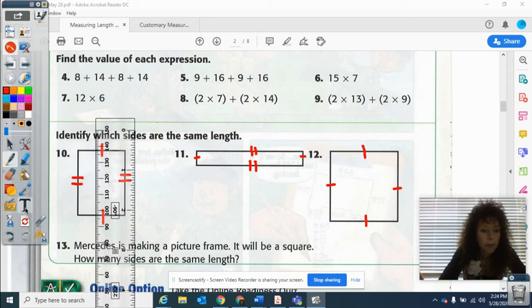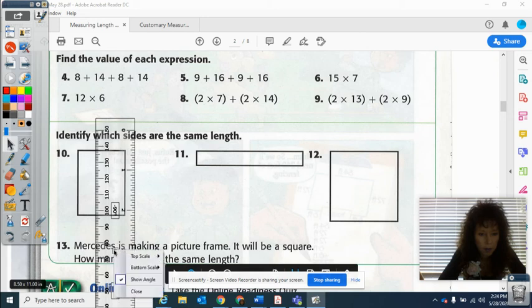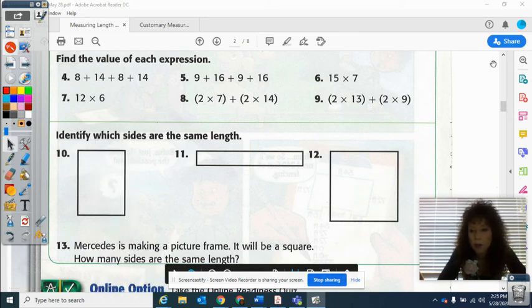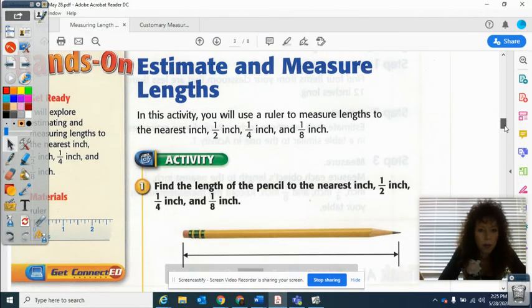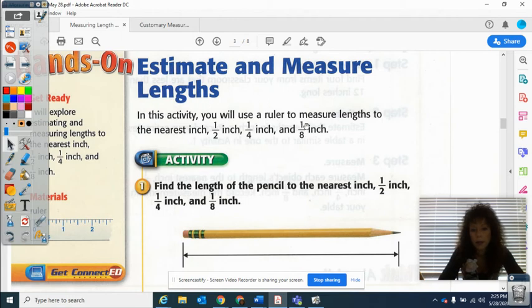Okay, so I'm going to erase these marks and scroll down. I don't know how to get this to go away. Close. Okay. And okay, so we're going to estimate and measure lengths.